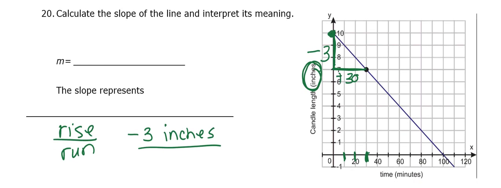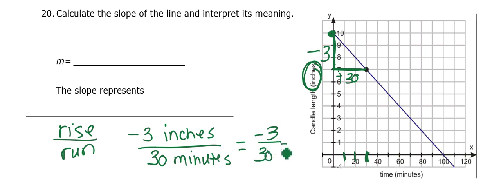Every 30 minutes. Three inches every 30 minutes. So I can write my slope. I can simplify this a little bit. If it's a slope, it's negative 3 over 30, which would be negative 1 over 10.